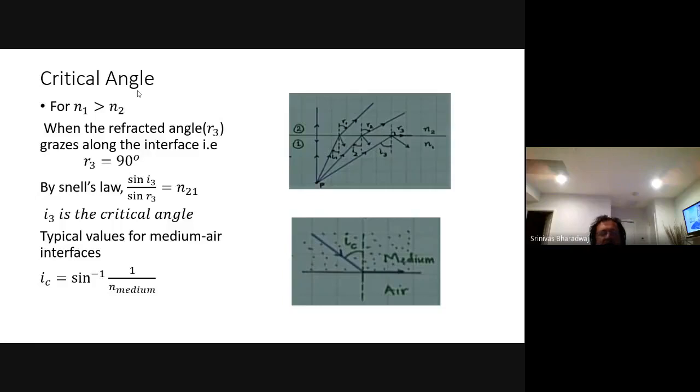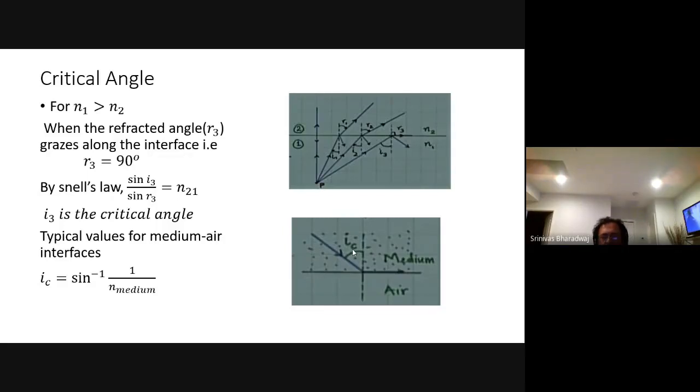Now, what is that angle? That angle is called the critical angle. Beyond that critical angle, all the light will get reflected. The sine inverse of 1 by n of the medium, whose refractive index is n, will give you that critical angle.